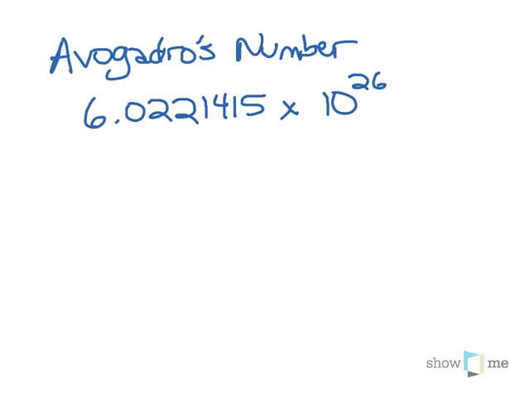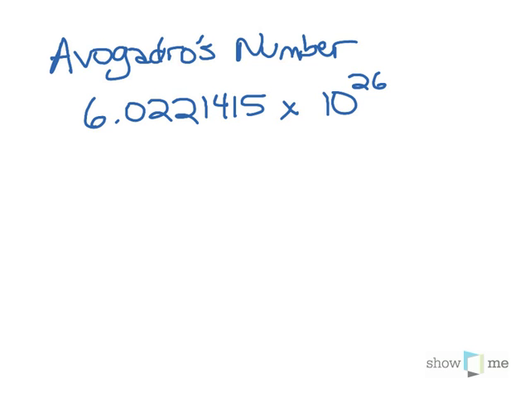In the years to come, you're going to spend a fair amount of time with this particular number. It's called Avogadro's number. It's a very important number in chemistry. It describes the number of atoms or molecules in a proportional unit of a particular substance in a chemical equation. A very important idea.